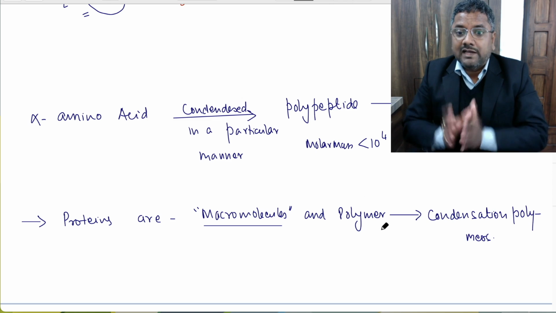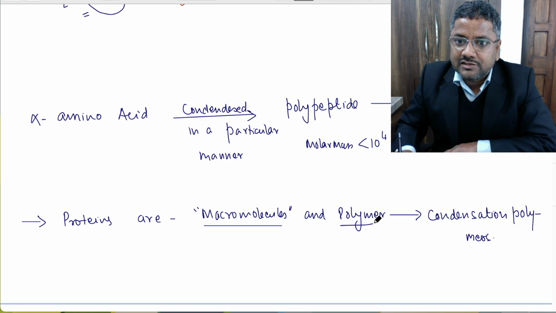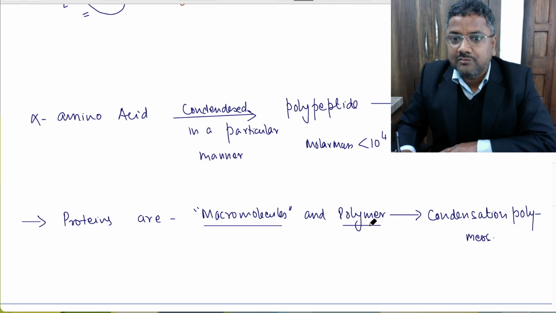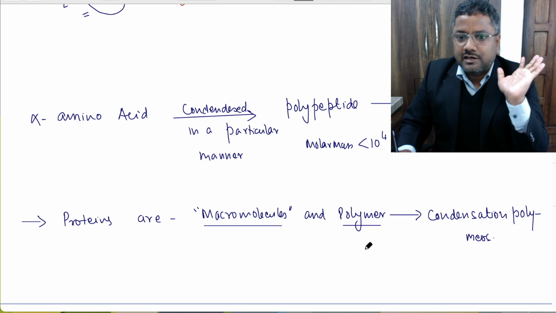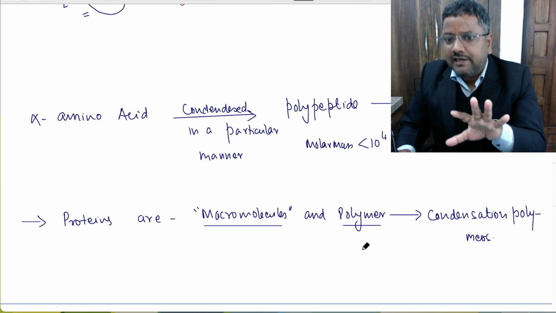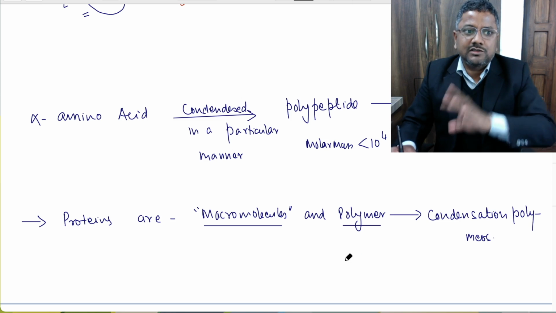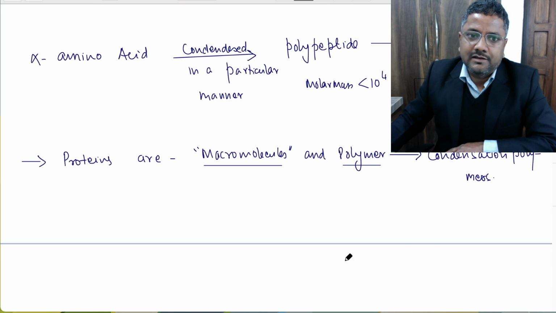They are macromolecules, but they are not polymers, because polymers need repeating units. Here the repeating unit is the alpha amino acid, so proteins are macromolecules and polymers. They fulfill both definitions, right?